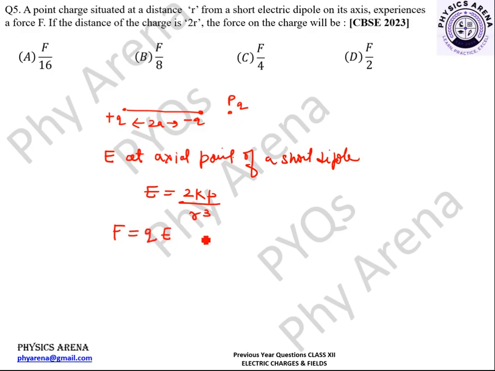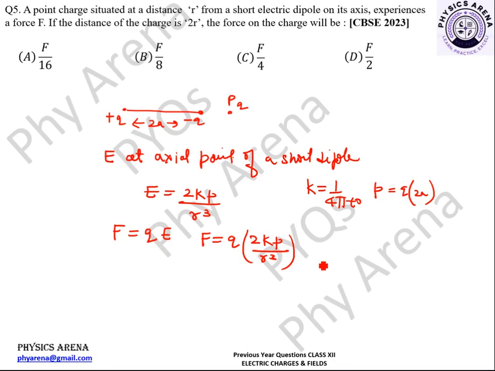So what we can write is that F is equal to Q times 2kP upon r cube, where k is equal to 1 upon 4 pi epsilon naught, and P is the charge of the dipole multiplied by the distance of the dipole, that is Q into 2a.